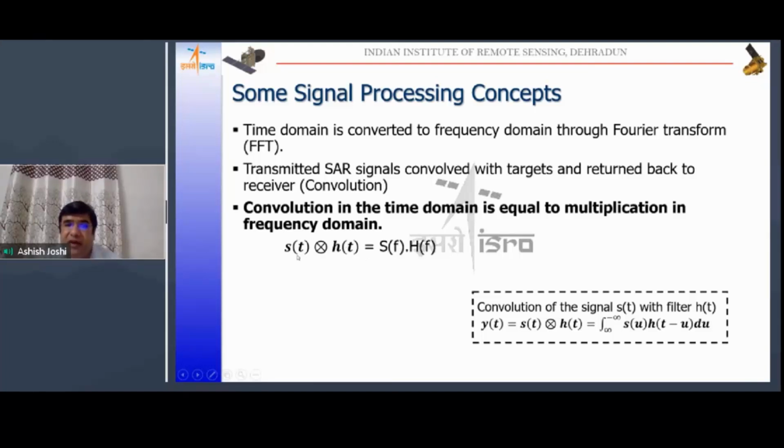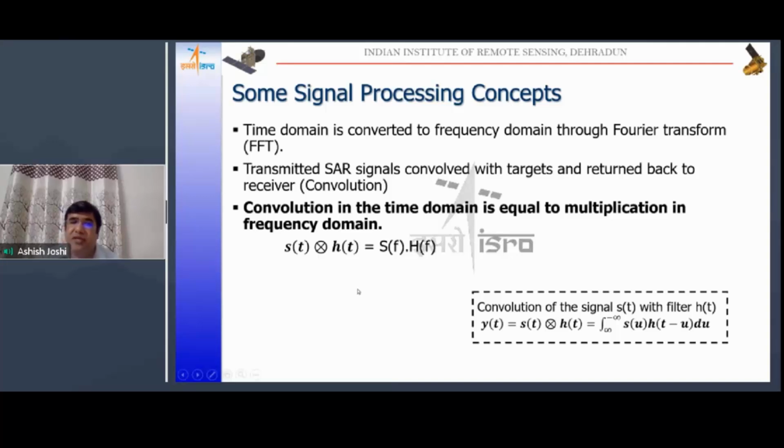Our assumption is that in the time domain the SAR signal is convolving with the target signal. S1(t) is our transmitted SAR signal, and S2(t) is the target on the earth surface. When these two are convolved on the earth surface, then in the frequency domain we just have to multiply.